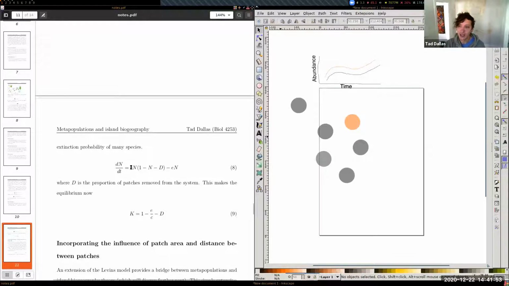How I show this mathematically is I consider D, this new variable D, the proportion of patches removed from the system.